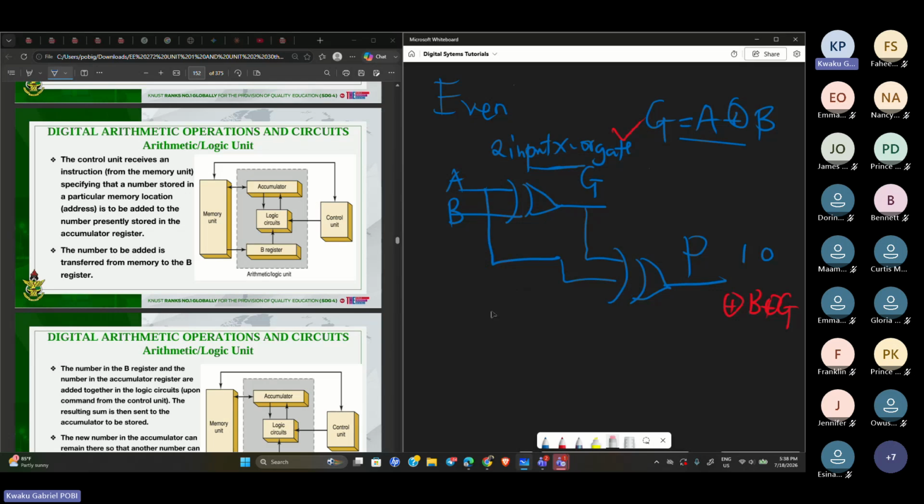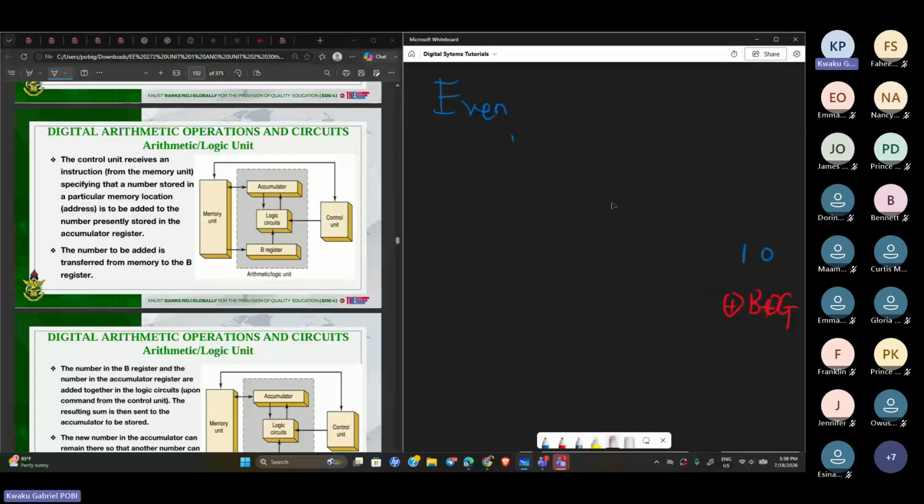Okay, sure. So basically, in an exam, even if the bits are 5, you still use an XOR gate. Just put that in your mind. So let's say we are designing a 3-input parity generator. It means we have 3 inputs, which are A, B, and then C. We have to design a generator for this first.